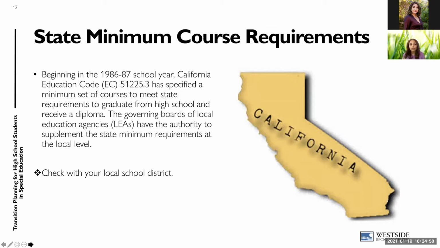So a lot of the districts that we work with have additional requirements to ensure that their students complete before they exit out of high school with their diploma. So you have to make sure that you check in with your local district to see what the requirements are for your specific school district.